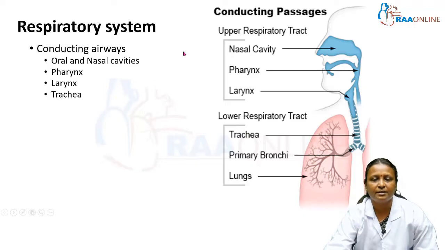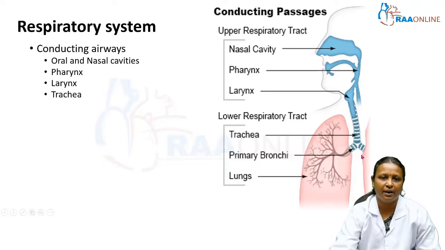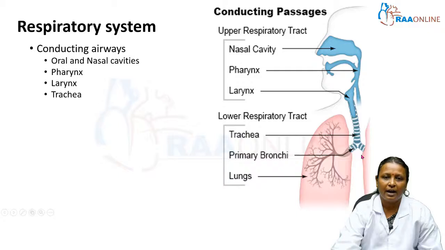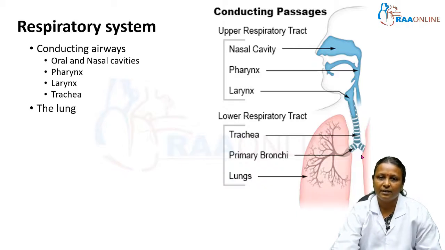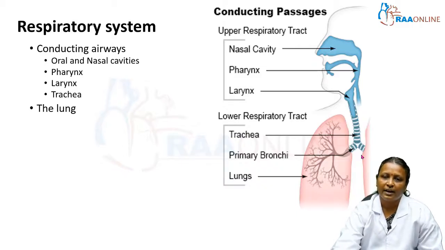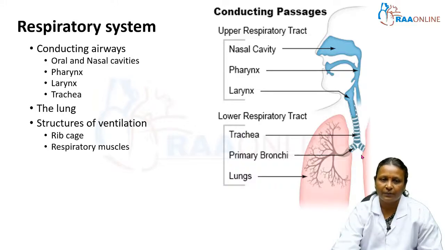So the respiratory system has a conducting airway which has the oral and nasal cavities, the pharynx, larynx and trachea, and the lung which has the bronchi which again branch into your bronchioles. There are 23 generations of branching from the primary bronchi till your alveoli.